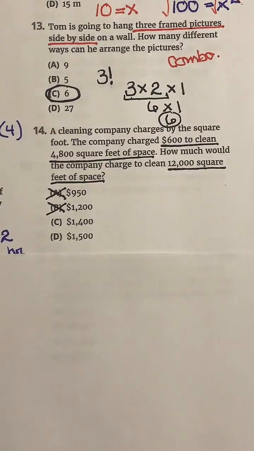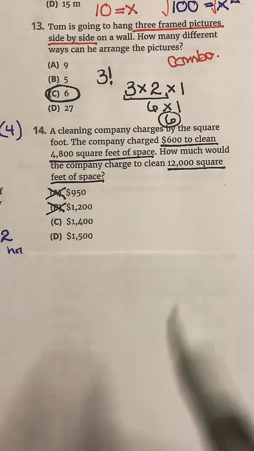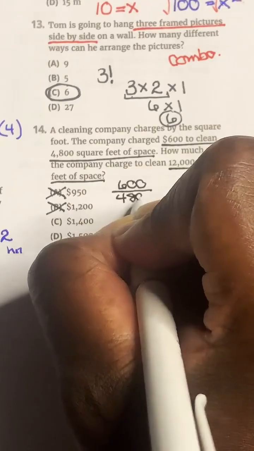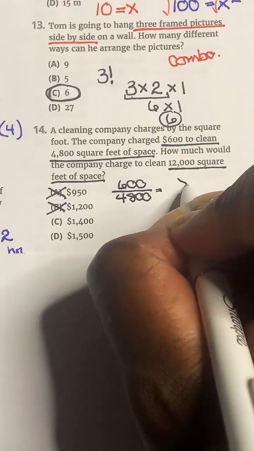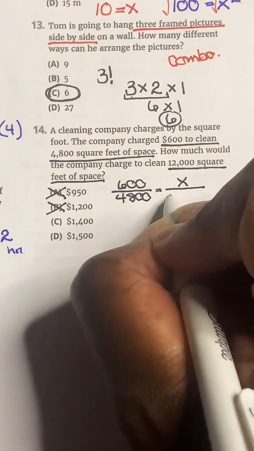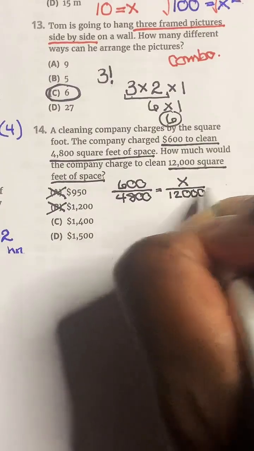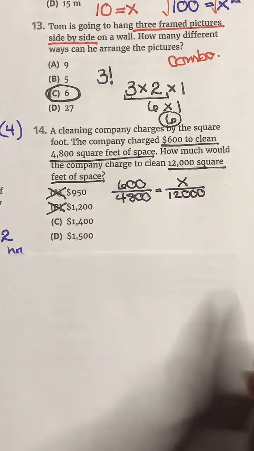The way you can set it up is as a proportion, because you really are doing a comparison. You're comparing your 600 with the square footage of 4,800, and you're saying, I don't know how much they're going to charge for my 12,000. Now, we're not going to cross multiply with all these zeros.